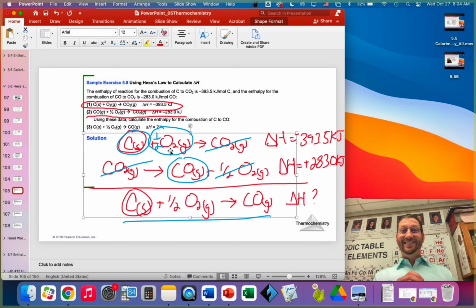So now Hess's law tells us that we can simply add these two reactions together. So negative 400 plus 283, I don't know, that's going to be about 100, yeah, maybe 110. So let's grab a calculator and see what we get here.